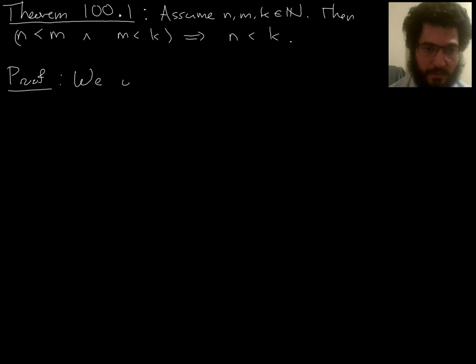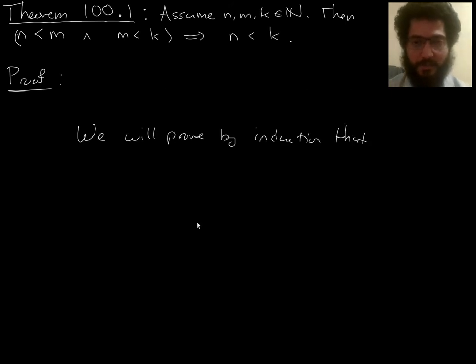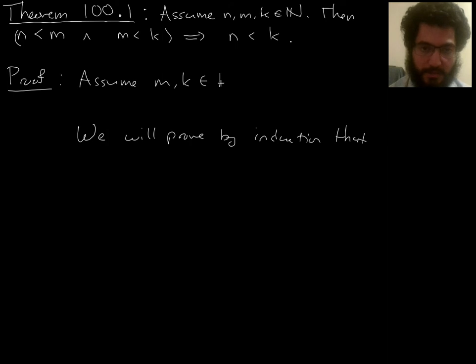So when we say we will prove by induction that, let me move this down a little bit. So here are a few different ways we can do things. So we could fix n and m, or how about this? We could fix m and k, assume m and k are natural numbers, and then not say anything about n, and then instead do our induction on n.